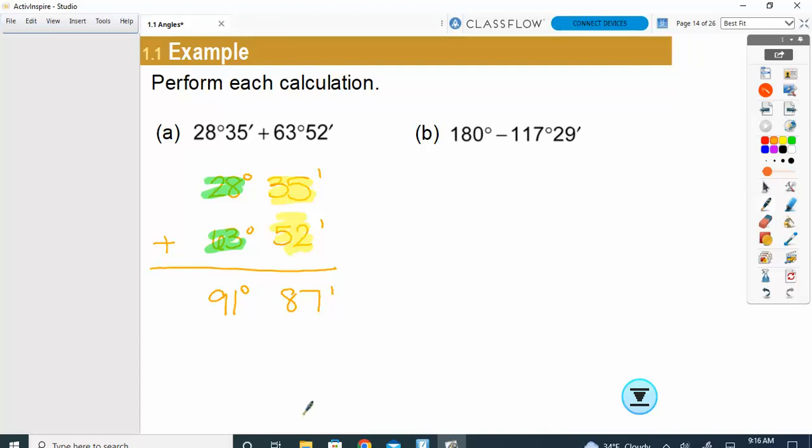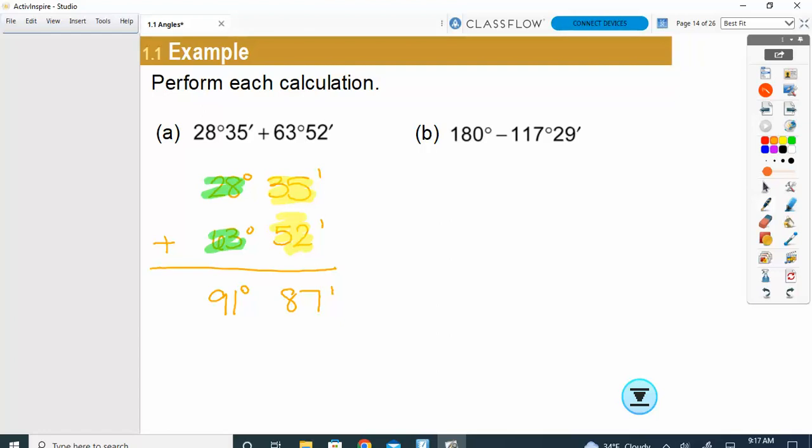Okay. Now if you're talking to your friend and they ask when you're going to show up, will you say, oh, I'll be there in 2 hours and 87 minutes? No. What would you do? Since 87 is bigger than 60, you would convert that into an hour, right?